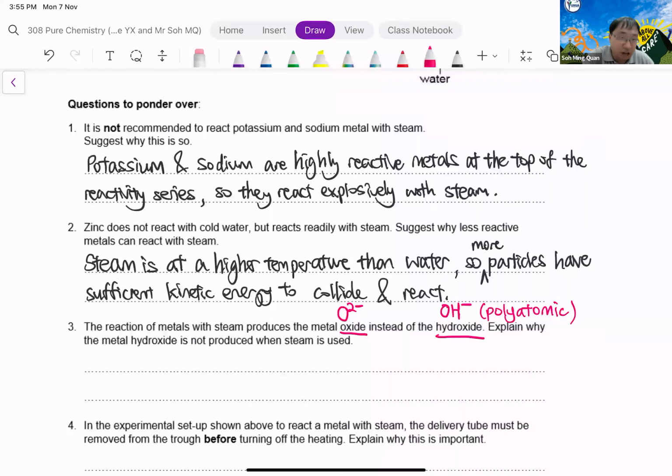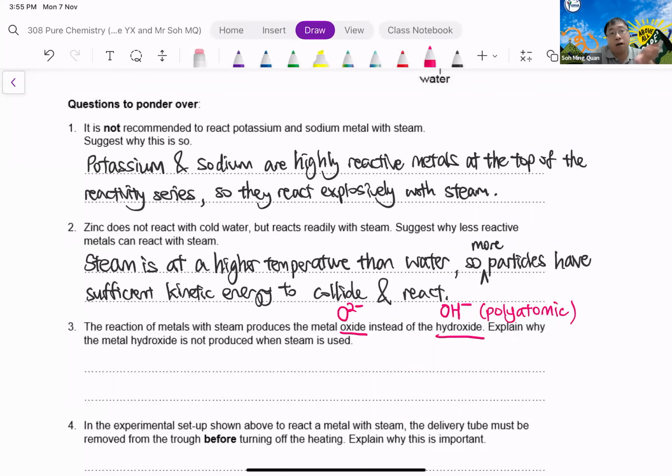Now, the interesting thing about polyatomic ions like hydroxide, carbonate, nitrate, sulfate, these are all polyatomic. The interesting thing about polyatomic ions is that under the right circumstances of temperature, they can decompose.